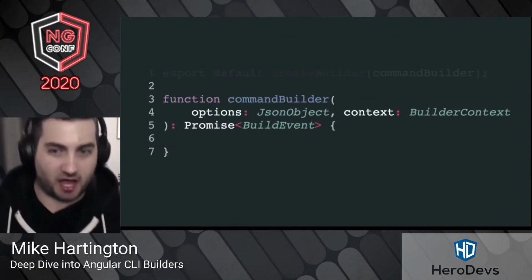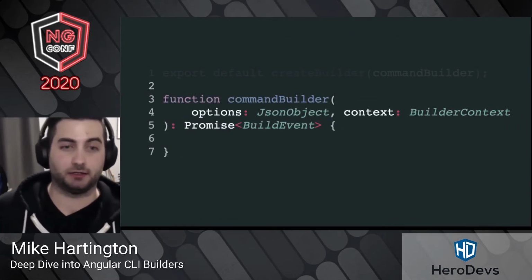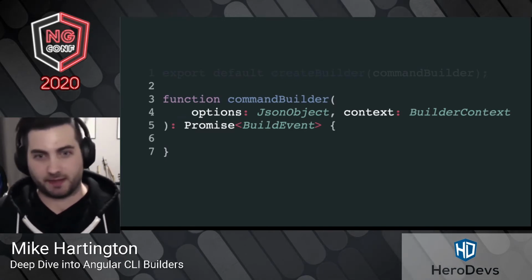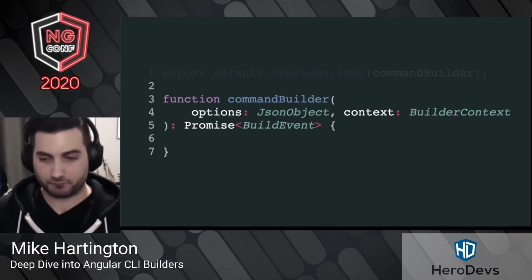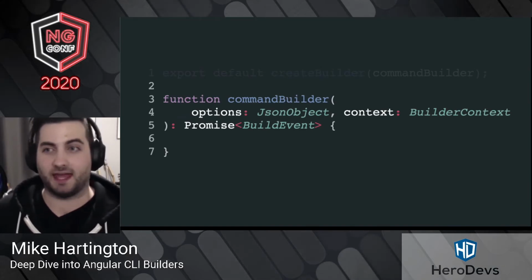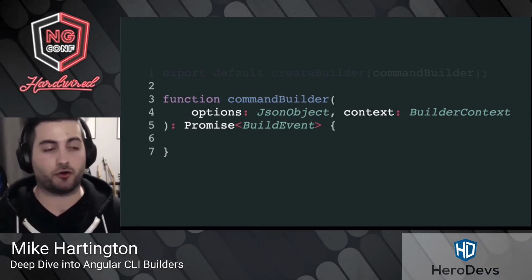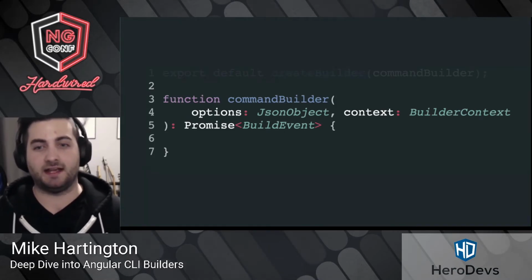Now, commandBuilder gets two arguments here. We have an argument of options, which are just options coming in from our schema or from the angular.json, and then the context, which is the current running context that the builder is operating in.